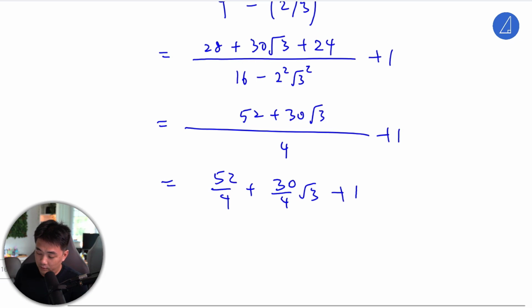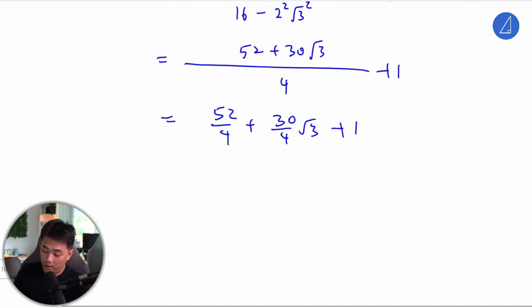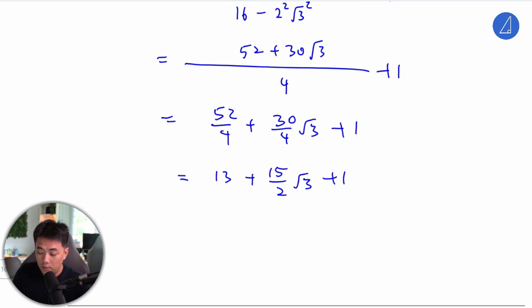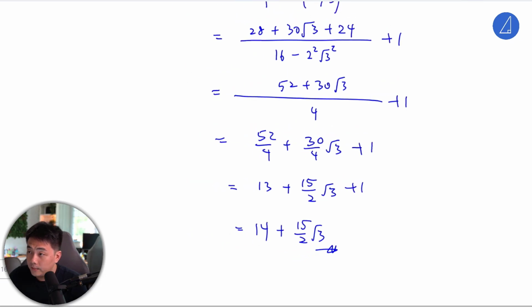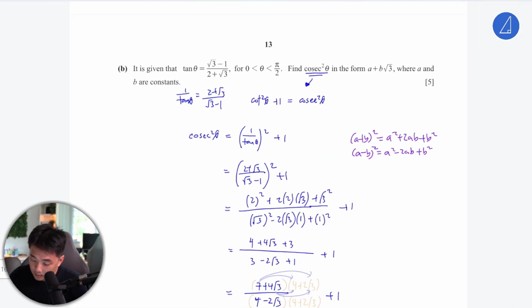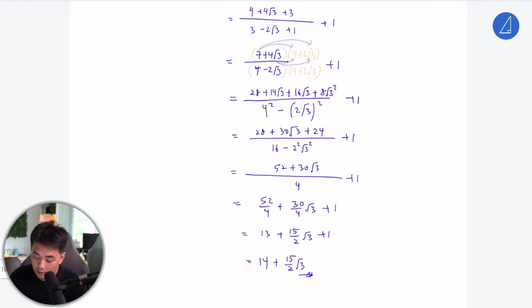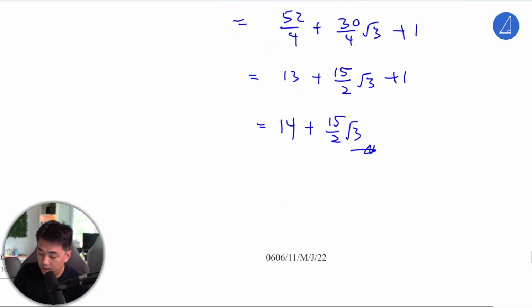Simplifying, 52 divided by 4 is 13, and 30 divided by 4 will be 15 over 2 root 3 plus 1. So this will be 14 plus 15 over 2 root 3. Is that it? A and B are constants in the form of this. There you go, so this is my cosecant square theta. This is it.